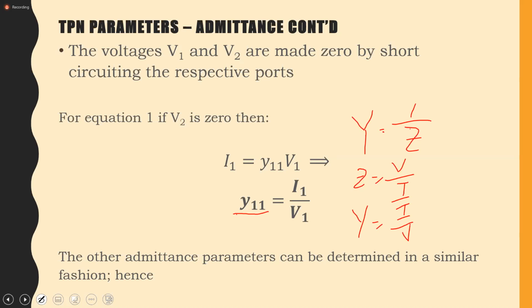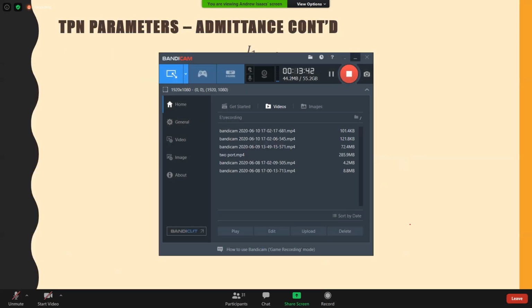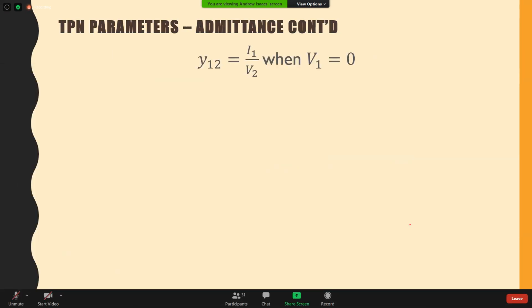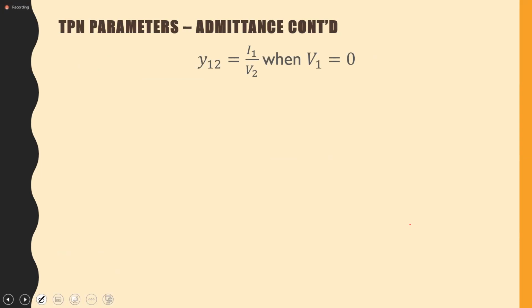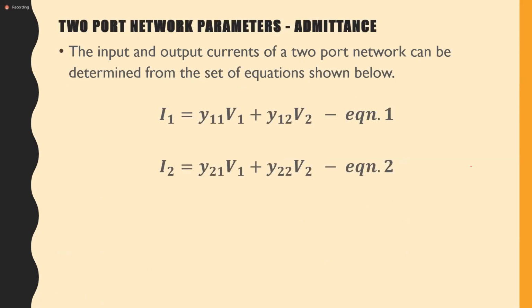All right? So before we get into any further details with this, what I'm going to do is just to look at the other parameters. So we have Y11. Let's see for Y12. Y12 would be equal to I1 over V2 if I make V1 zero. Again, going back to the equation, these are the equations. So if I make V2 zero, then that would be eliminated. So I can find Y11 from that expression.